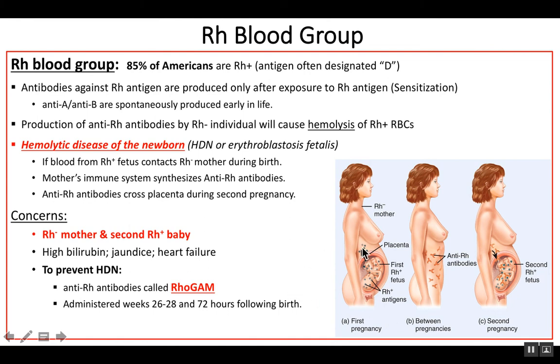RhoGAM will block all these antigens. She does not make the antibodies. And the second pregnancy, that baby is protected. But in all pregnancies, this woman will have to get injections of RhoGAM. But remember, it's only a concern when the mother is Rh negative and the baby is Rh positive.